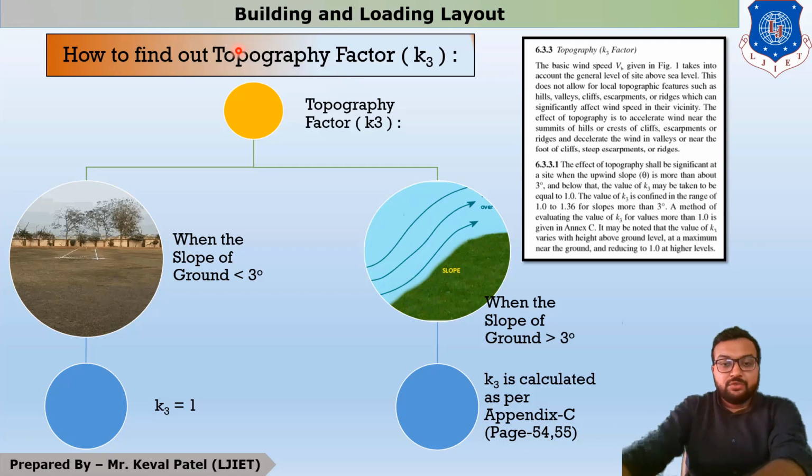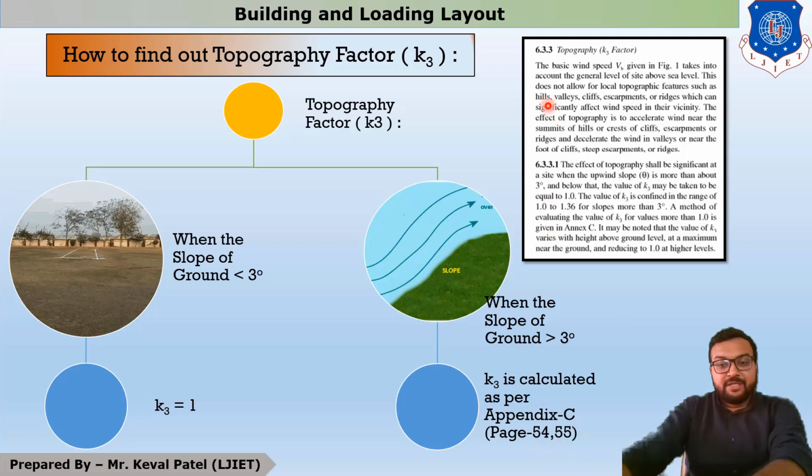If your ground slope is less than 3 degree, then your K3 factor is directly given as 1. But if your ground slope is greater than 3 degree, then you have to calculate your K3 from Appendix C, which is given on page number 54 and 55.